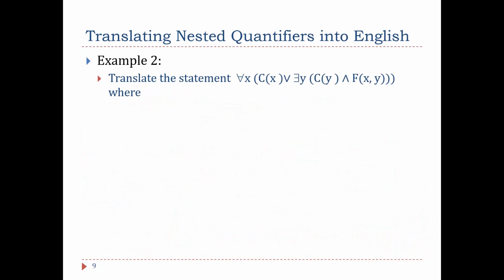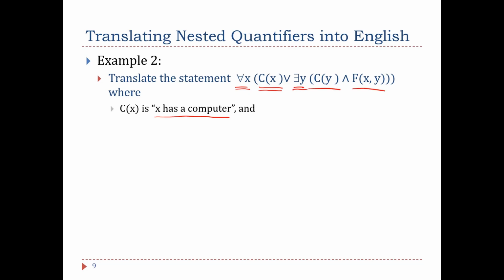So let's consider another example. We are adding here a new predicate, C of x, representing that x has a computer, okay? And we have this formula here. So clearly we can say that any student either has a computer, or has a friend who has a computer, okay?